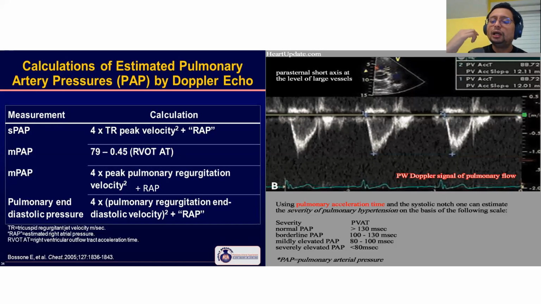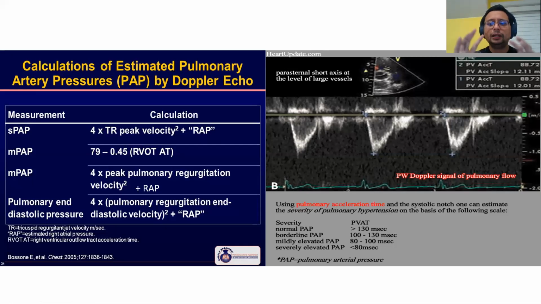If your acceleration time is less than 90 milliseconds, you have a quantitative indication of pulmonary hypertension. Another thing you can look for, not in this Doppler, is a notching at the mid segment of the flow. That is also a sign of pulmonary hypertension. And lastly, if you do an M mode, remember, not Doppler, M mode across the pulmonary valve, you can see something called the flying W. That is also pulmonary hypertension. I will show you after this.